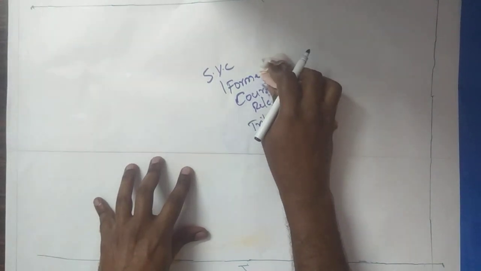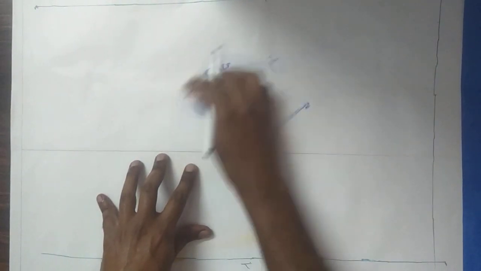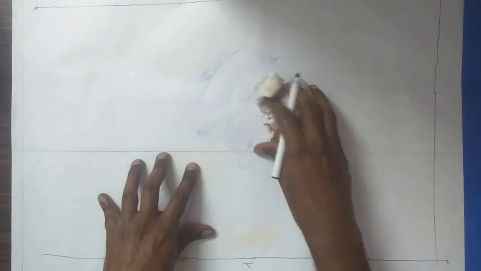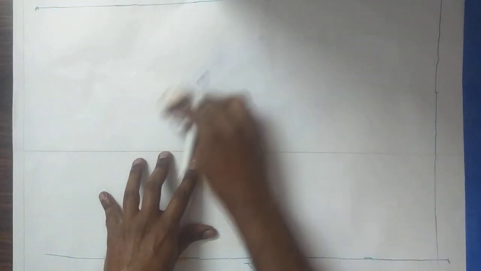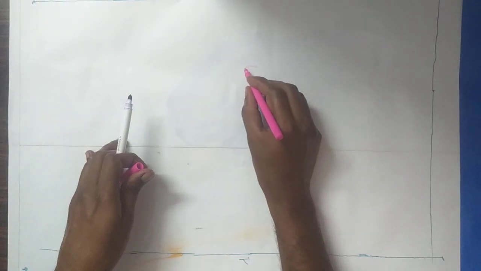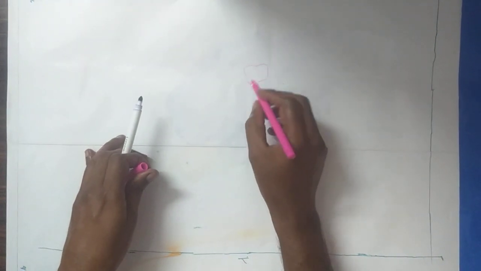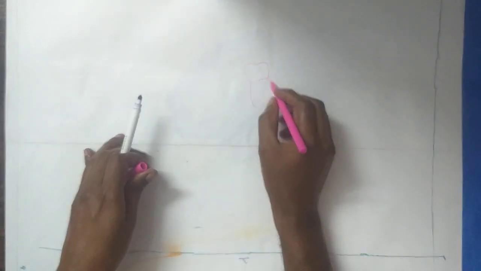First thing is superior vena cava. So how is it formed, how is the course? For the formation we'll draw a diagram. Suppose this is your sternal angle.